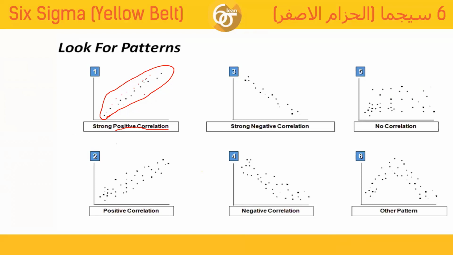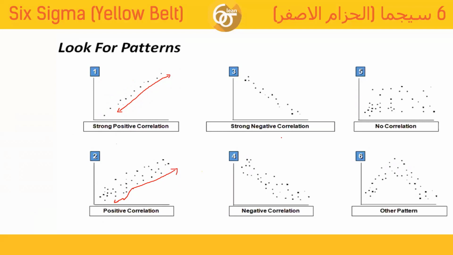But if it is in the same direction and there is too much variation, we call it a positive correlation. Here is strong, and here is only positive. So this is the only difference. When you see it with this shape, that means a strong positive correlation. When you see the data with this shape, that means only positive correlation.